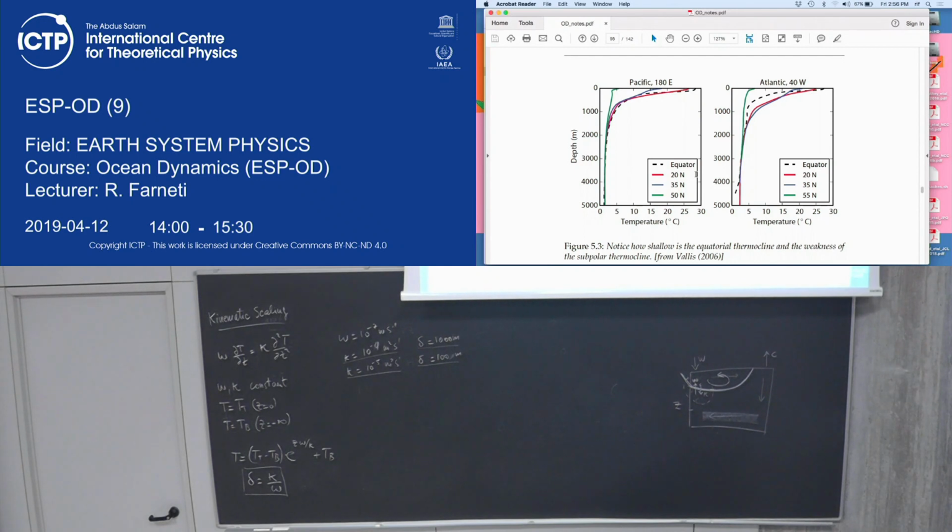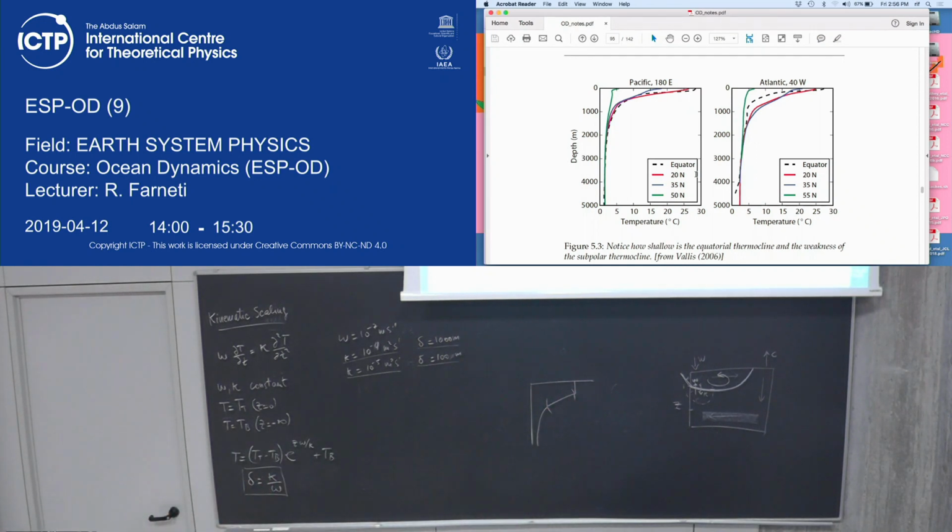Yeah, but the thermocline is a place where temperature or density changes very rapidly. So I'm not saying that it doesn't change, but it changes very rapidly. So you have a mixed layer, then you have a thermocline, and then this continues to change. So this is your thermocline.